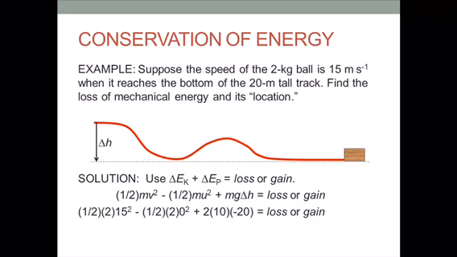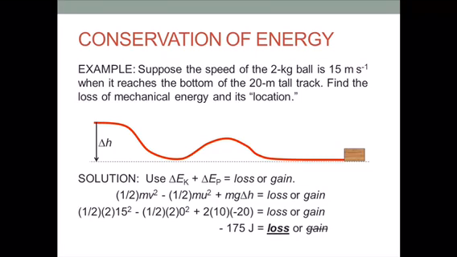15 as final velocity, 0 as initial velocity, 2 as mass, 10 as gravity, and negative 20 as delta H, because we are moving downwards. This is why delta H has to be negative. And all of that together should still equal to loss or gain.